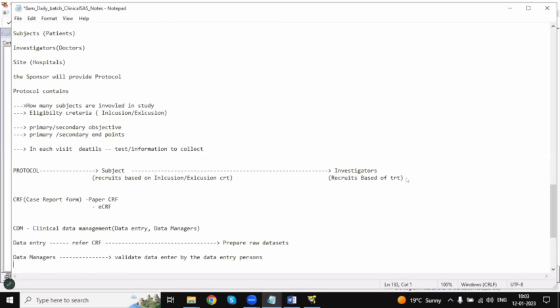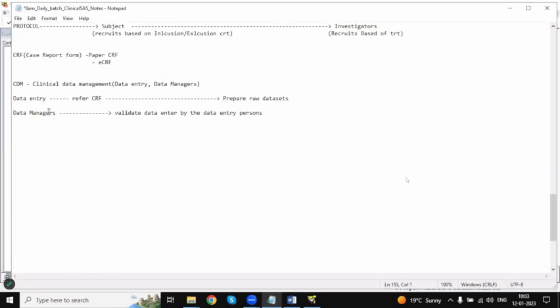Because if the CDM team mistakenly enters any wrong data while preparing the raw data set, all the teams downstream will be affected, because all the teams start working from these raw data sets. So your final reports will also be affected. Listen carefully: these managers validate and send this raw data to our team.